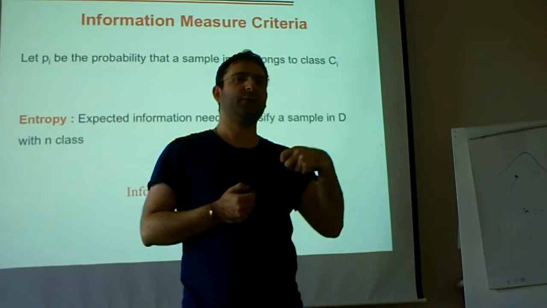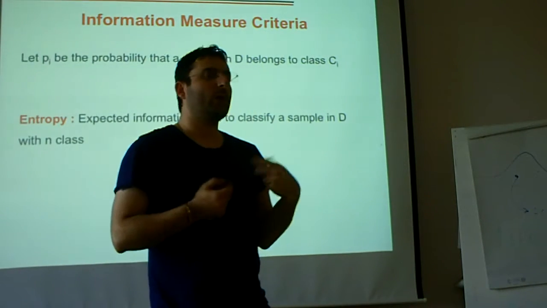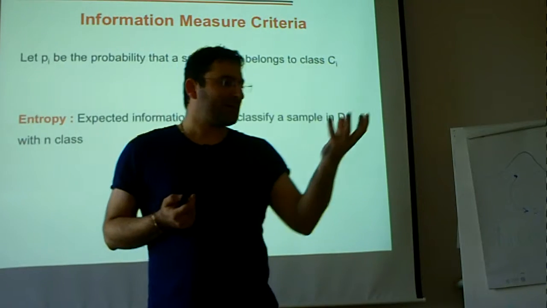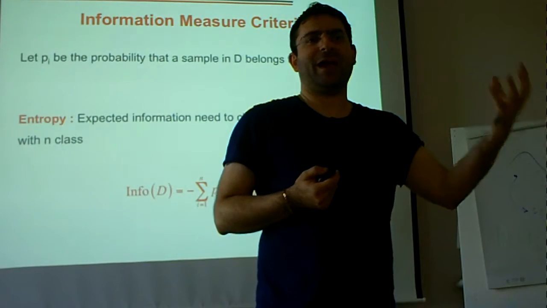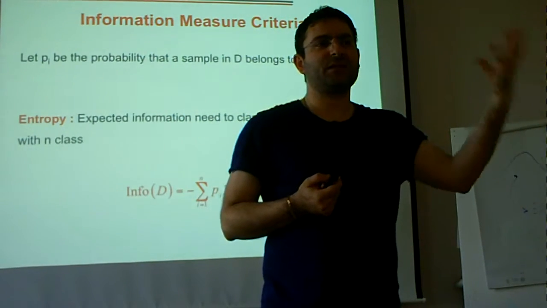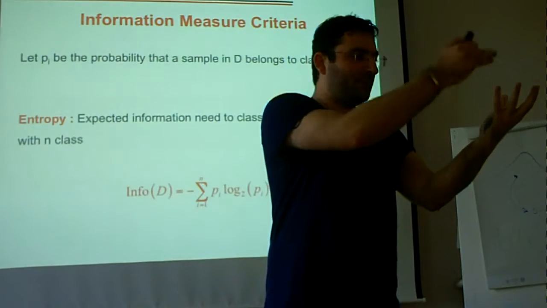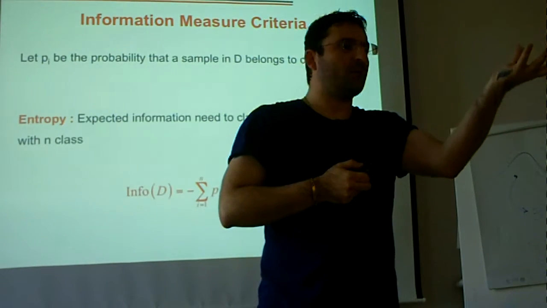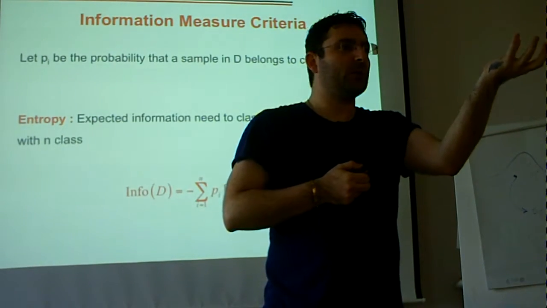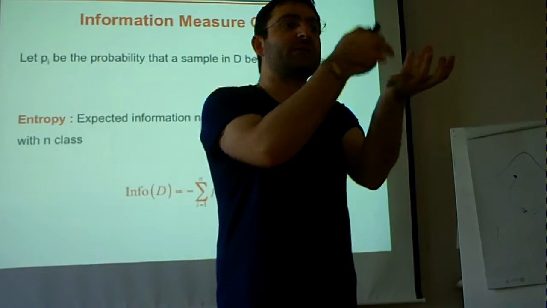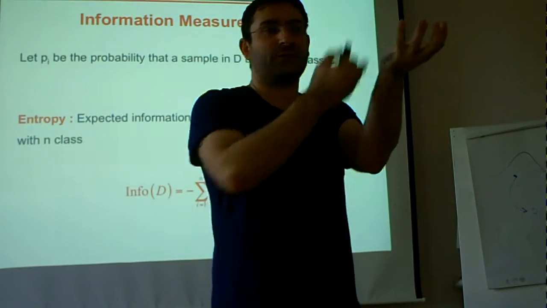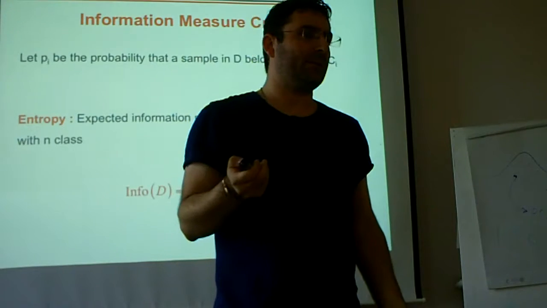Why information theory? Because each pattern, each set, each cluster that we have, and to which we give a model, has some information inside it. So people who work on information theory give us a good way of representing this information so we can discriminate them better.